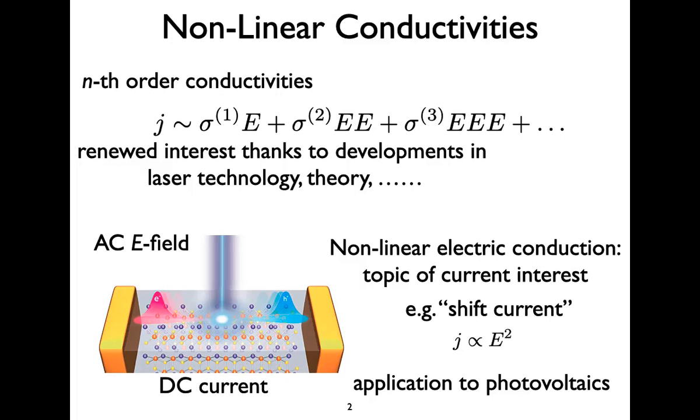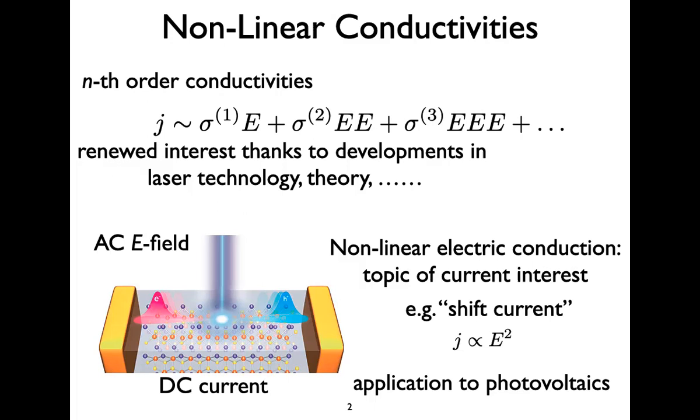If you just consider the linear effect, the current response is also oscillating, so if you take a long-term average, the linear current just vanishes.